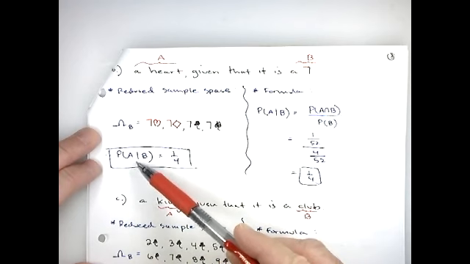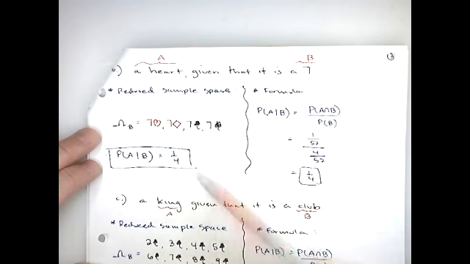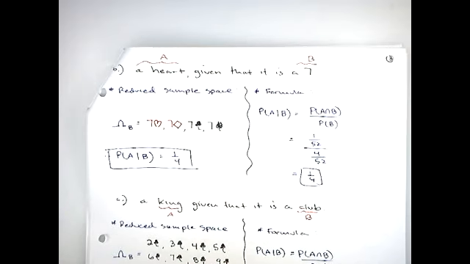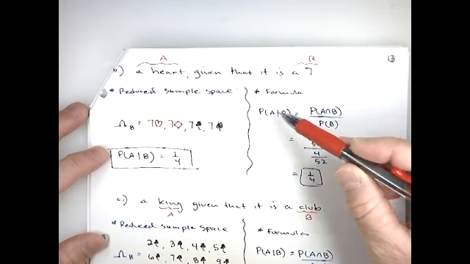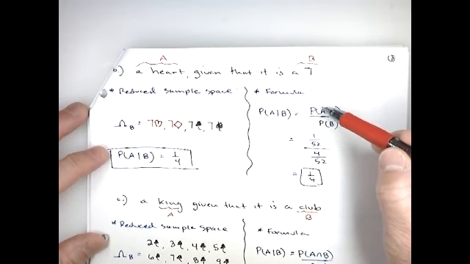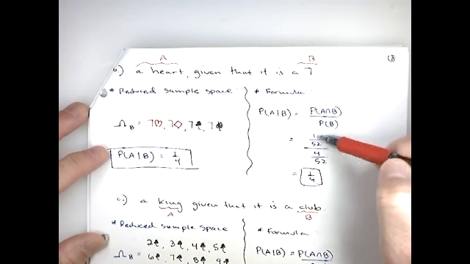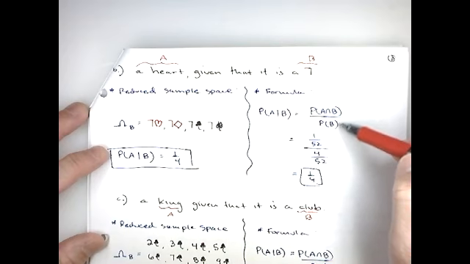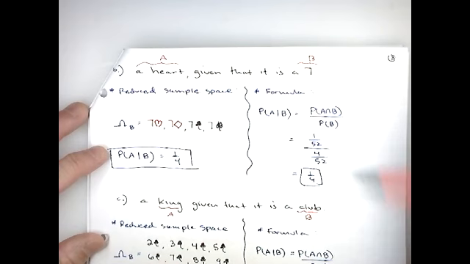The probability that we picked a heart, which is this one, given that we picked a 7, would be this one out of the 4 total. Very simple. If we use the formula, the probability of A given B is the probability of both getting a heart and a 7, meaning the 7 of hearts, so that's 1 out of 52. Divide that by the probability that we got a 7, which is 4 out of 52. And of course, that reduces to 1/4 as well.